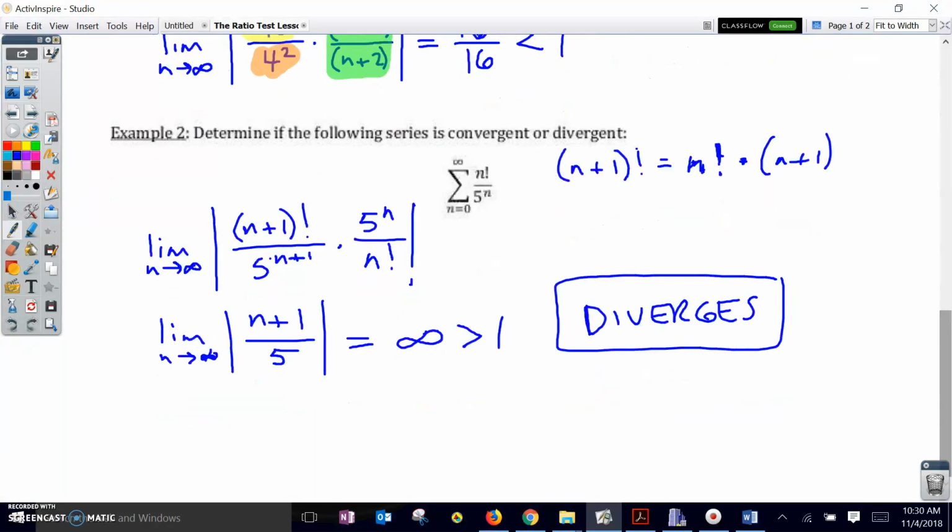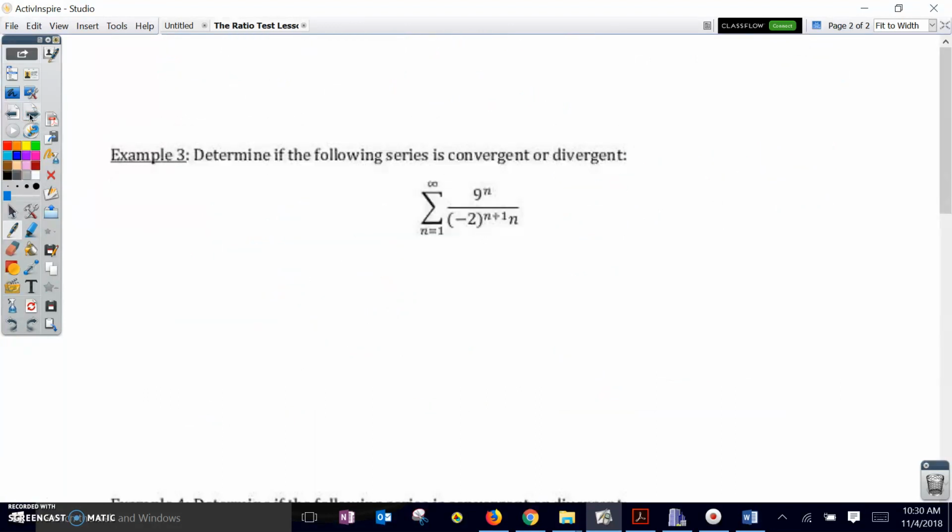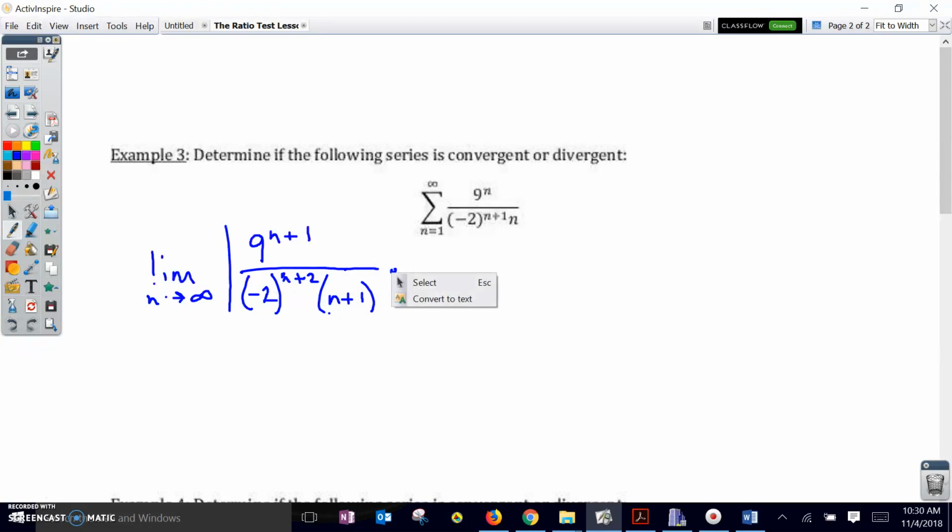All right, let's go on to example 3. We'll take the limit as n goes to infinity of the absolute value of a sub n plus 1, so 9 to the n plus 1, over negative 2 to the n plus 2 times n plus 1 times the reciprocal of the nth term.